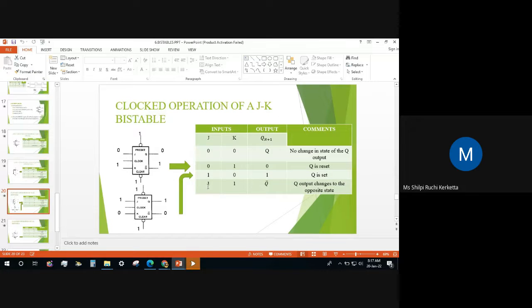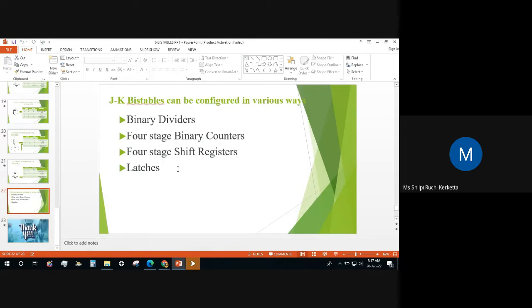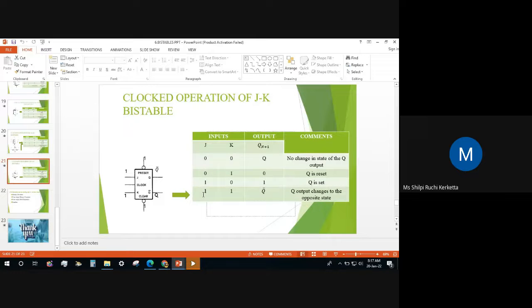This is how this JK bistable is working. We have to see the condition for this 1 1. We are using this condition of 1 1.